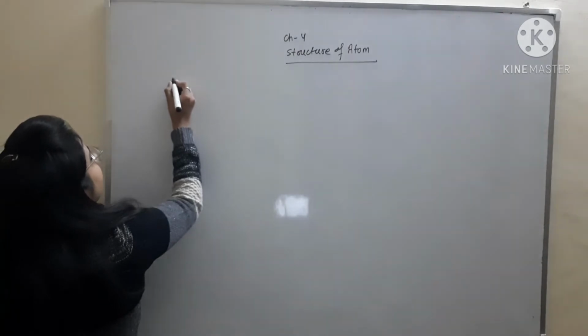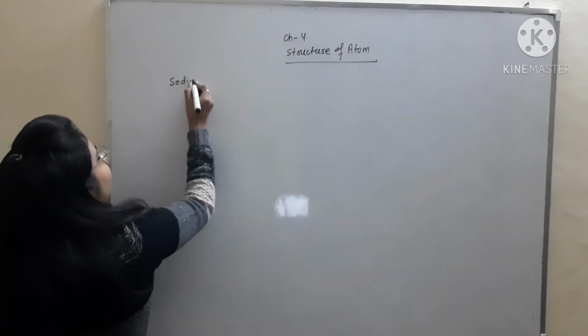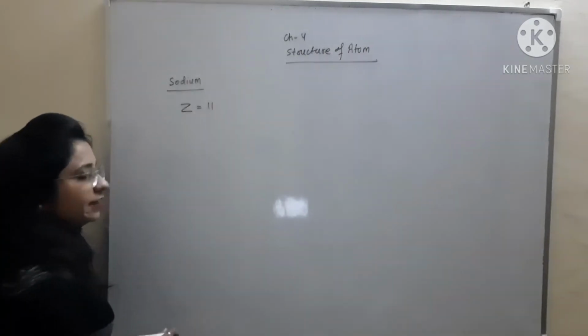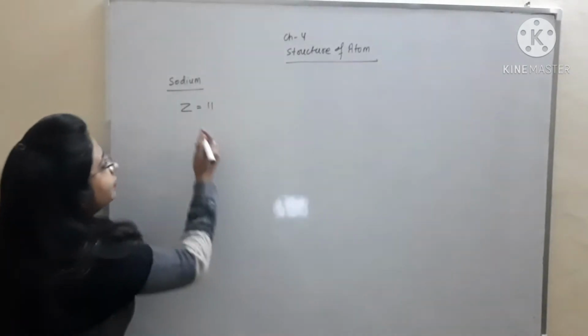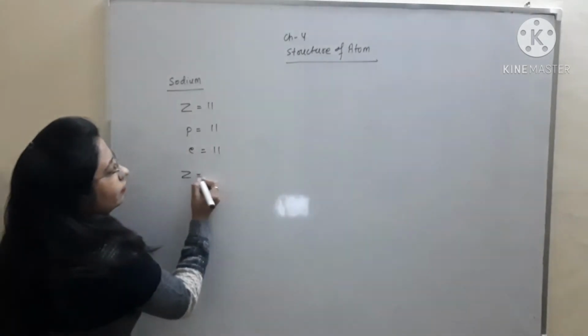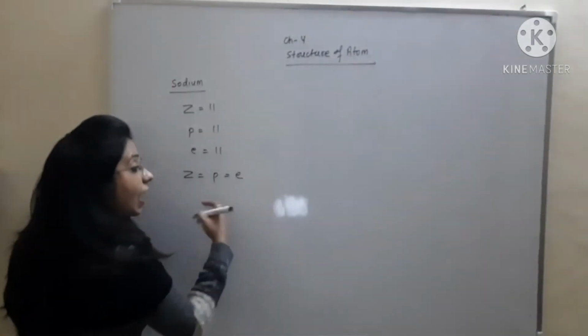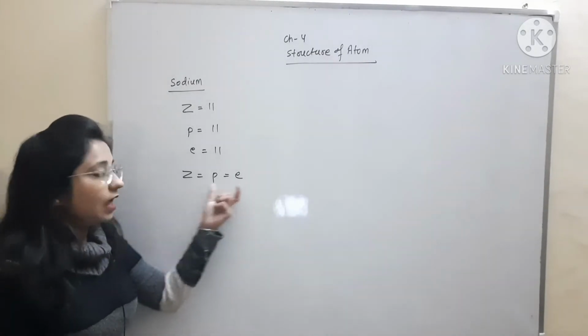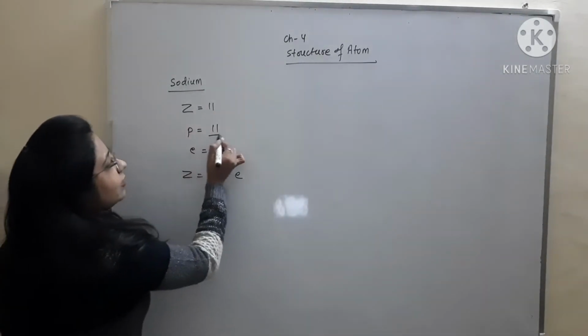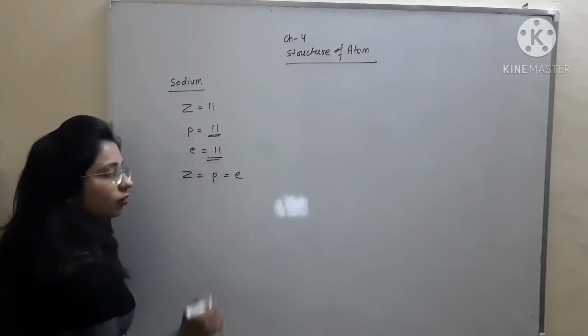See, suppose we take the example of sodium. Sodium has atomic number 11. Now, if sodium has atomic number 11, that means it will have 11 protons and 11 electrons. You know that Z is equal to the number of protons and the number of electrons in an atom. So sodium will have 11 protons and 11 electrons.